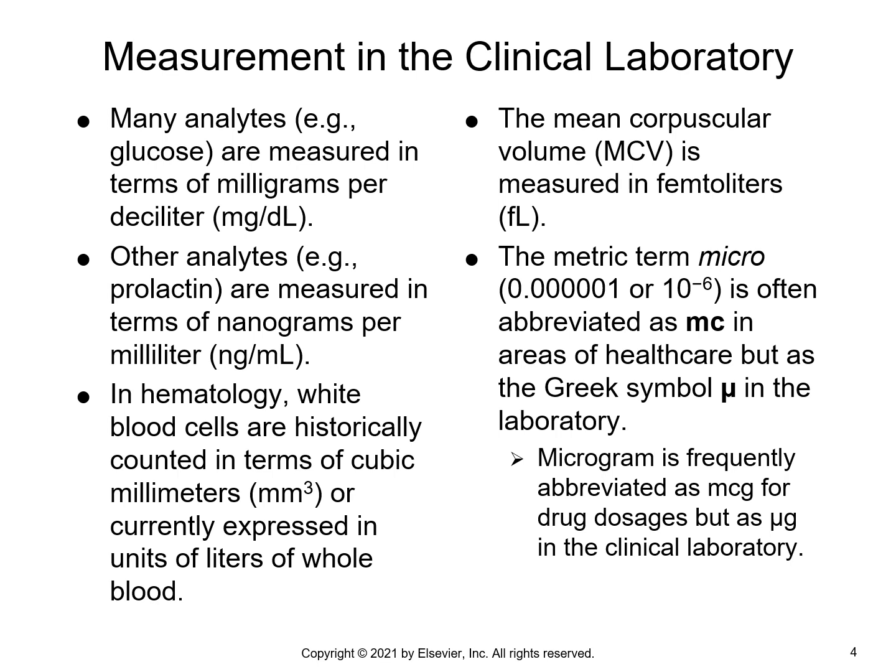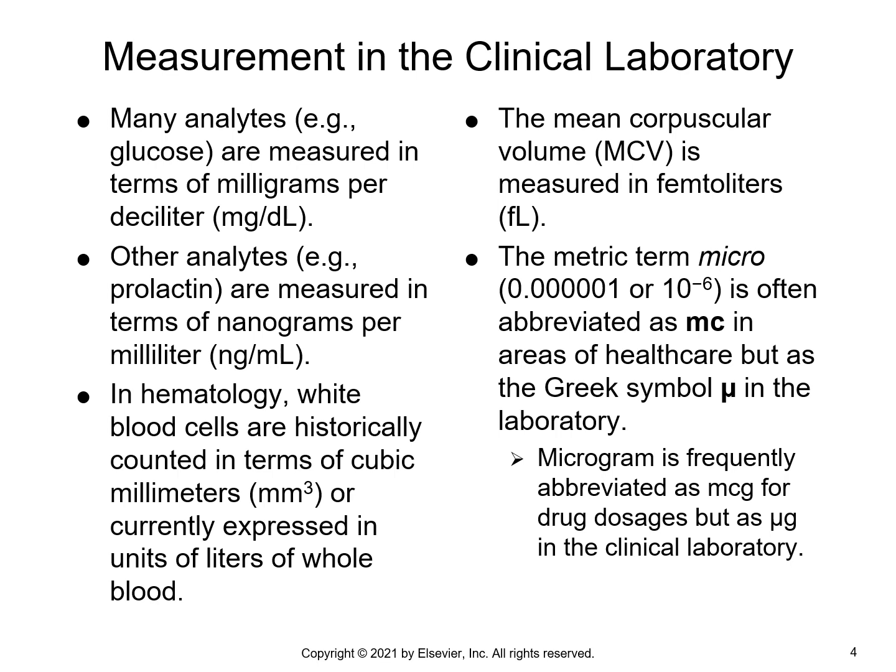However, in hematology, white blood cells were originally measured in cubic millimeters, and now most machines measure them in units per liter of whole blood.